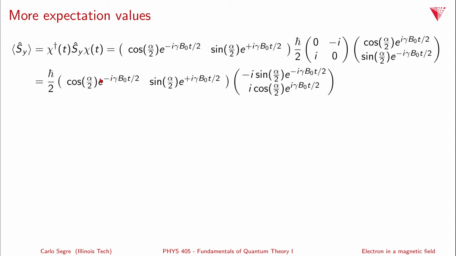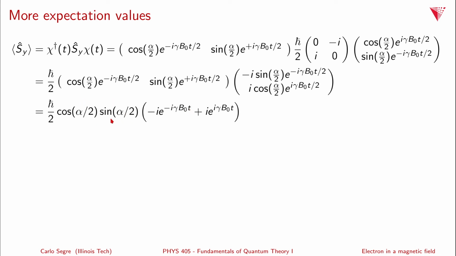So we again can factor out the cosine alpha, sine alpha. But now in this term we get minus i e to the minus i gamma b sub 0 t plus e to the i gamma b sub 0 t. But this is just related to 1/2 sine of gamma b sub 0 t.